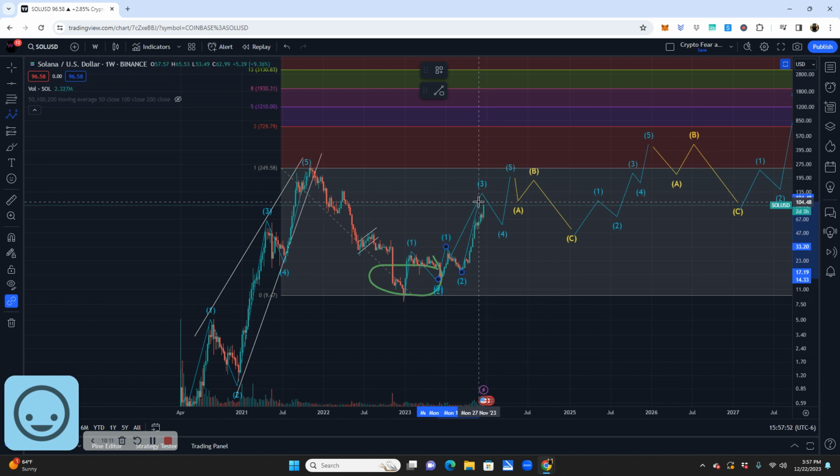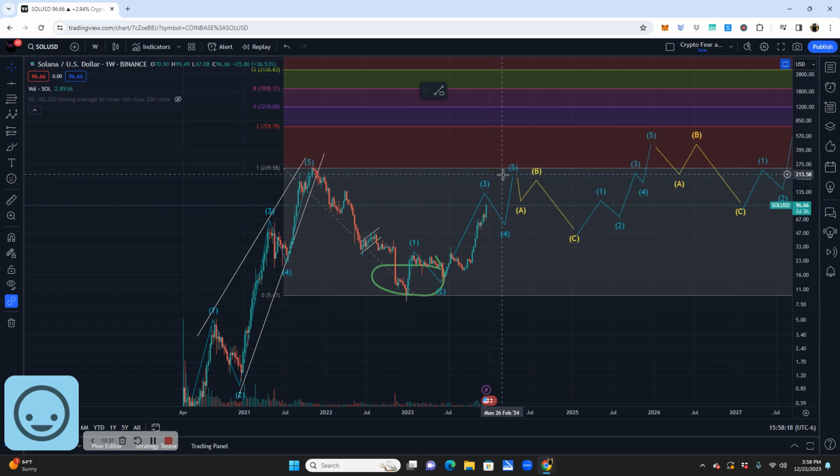Or, you know, we could have just a little bit more to go. And then it just kind of depends on the count, right? It just depends on this whole cycle count.